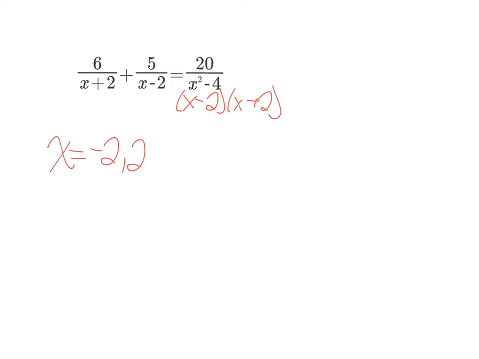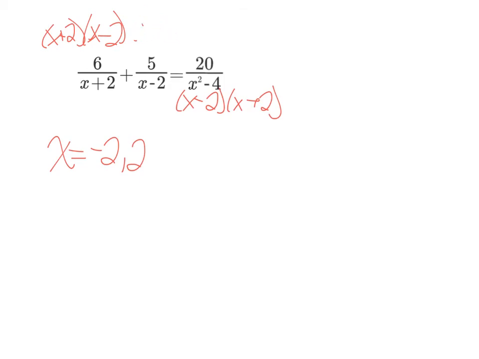Then we're going to multiply through like we did last time. So we're going to have x plus 2, x minus 2, x plus 2. That's not pretty.